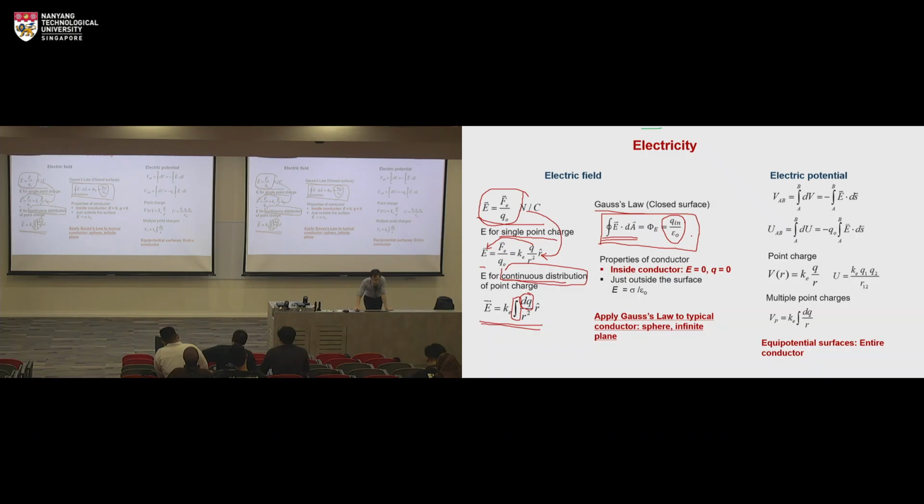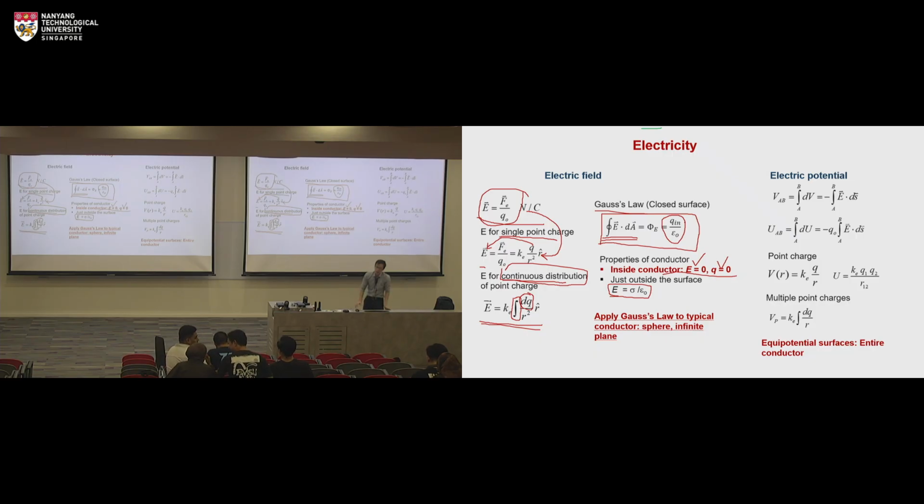And based on the Gauss's law, we derive some very important properties for conductor. And the first two is this. Inside the conductor, both E and Q must always be 0. And just outside the surface, E is given by this ratio.